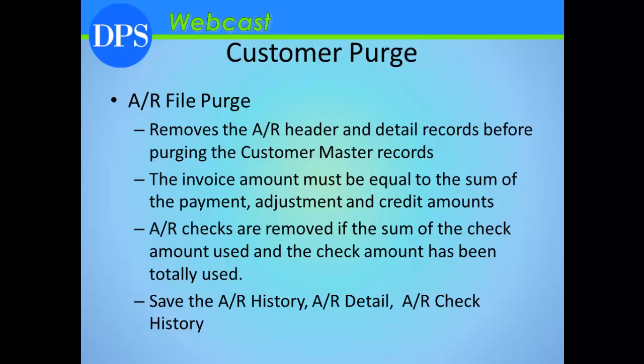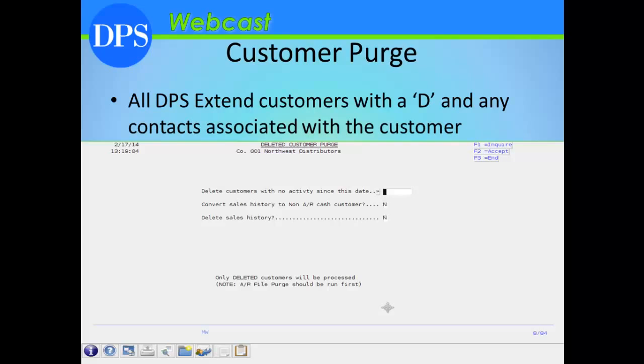Your AR checks will be removed if the sum of the check amount shows that it has been totally used. Once this purge has taken place, you need to save your AR history, AR detail, and AR check history onto a tape.